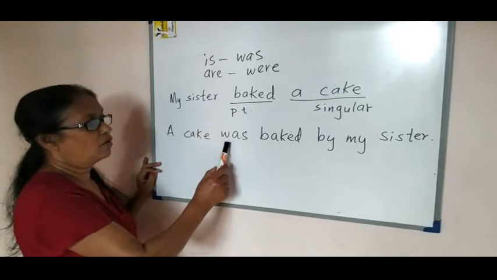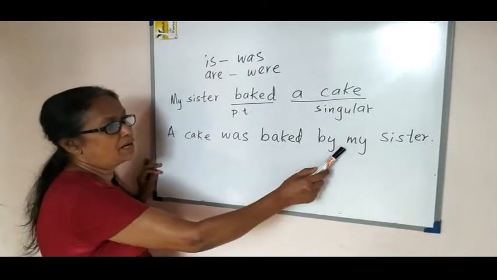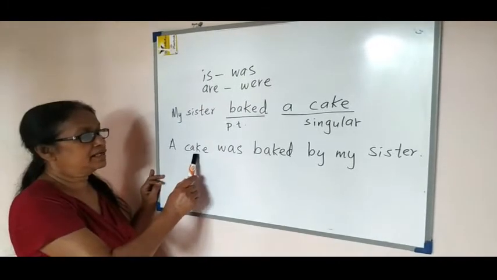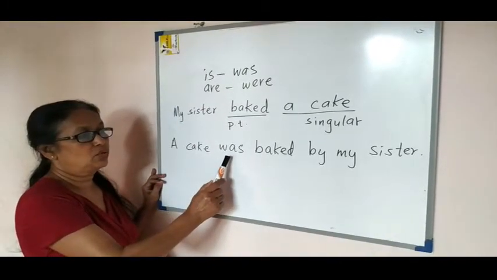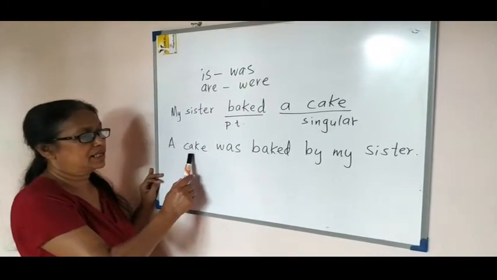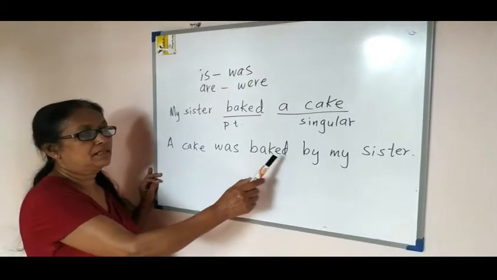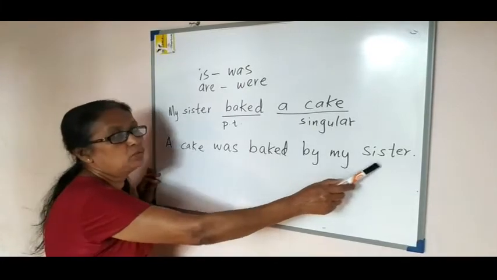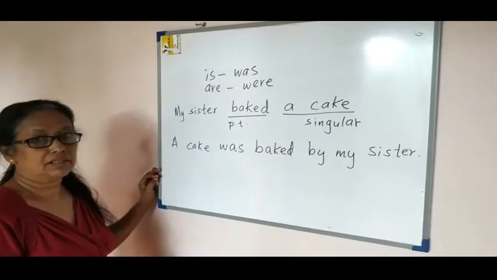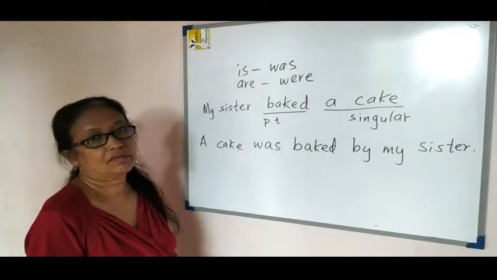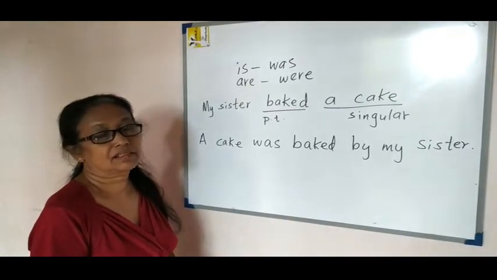A cake was baked by my sister. Remember, a cake is the object. Then you take, because this is singular, was, then past participle, then by, then the doer. This is the very simple way you can remember how to make passive voice past tense sentences.